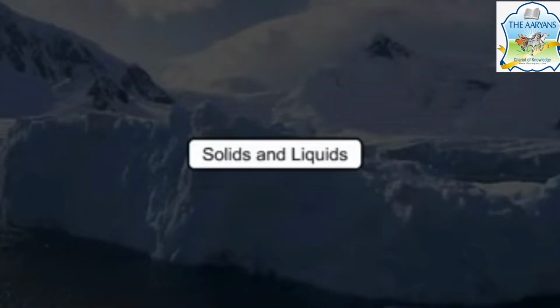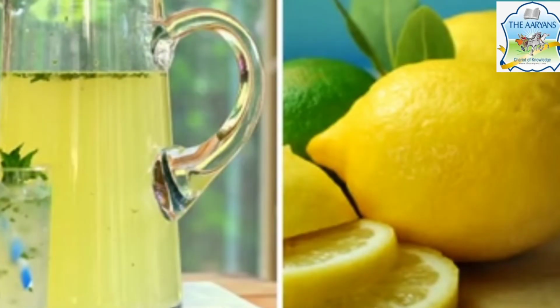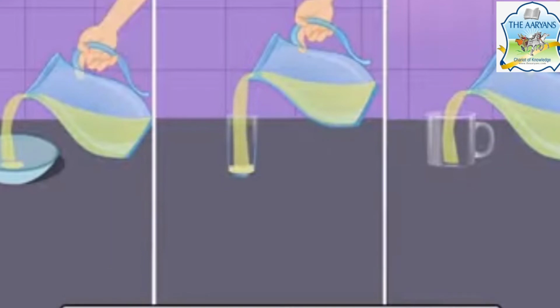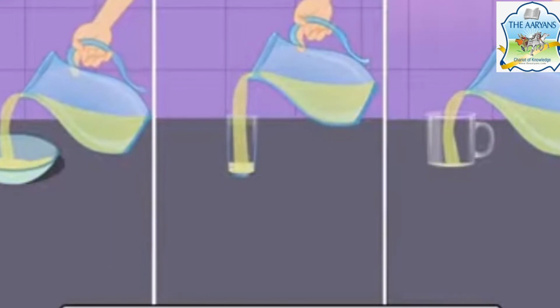So let's talk about solids and liquids. In the first picture, lemonade is in liquid form, and in the second one, lemon is in solid form. Liquid takes the shape of the container in which it is poured.